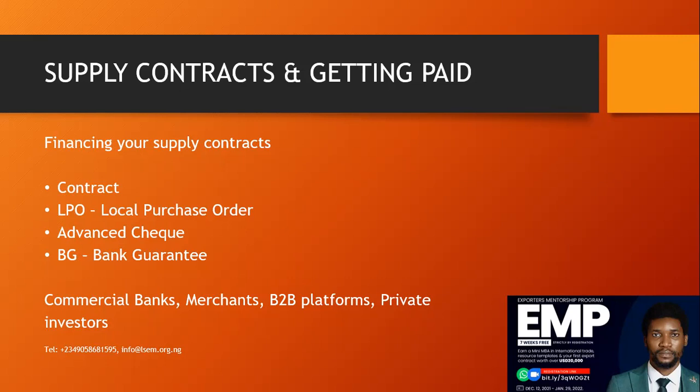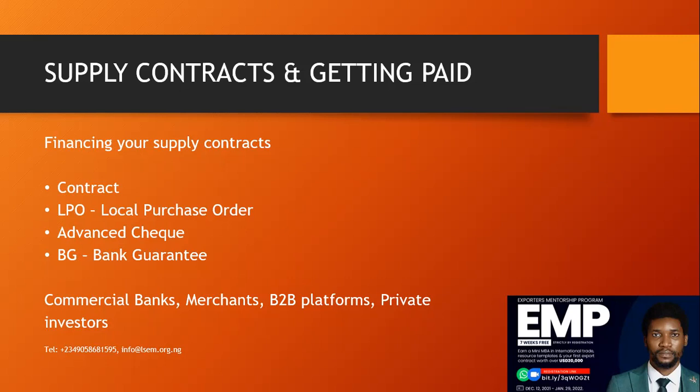You can request for a bank guarantee, and you can also request for advance payments, whereby maybe they pay you 20%, 30%, then they give a bank guarantee for the remaining 70%. Or maybe they pay you some percentage and they give you an advance check for the balance. So it depends on how you want it or what you can play with.